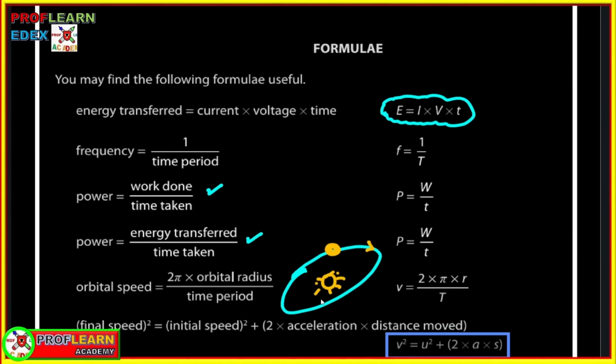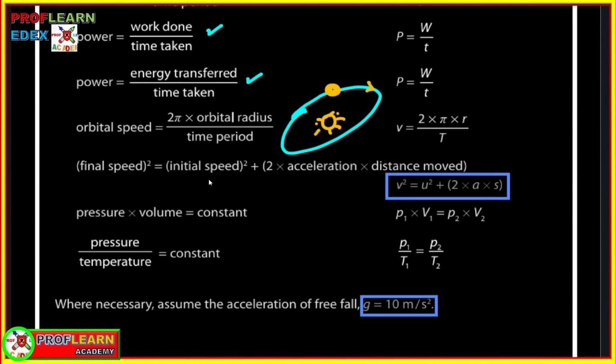But you have to know the period, the time it takes for the object to go around once in the orbit, and that's the periodic time. You also need to know the radius of the orbit, so that you can work out the orbital speed using that formula.